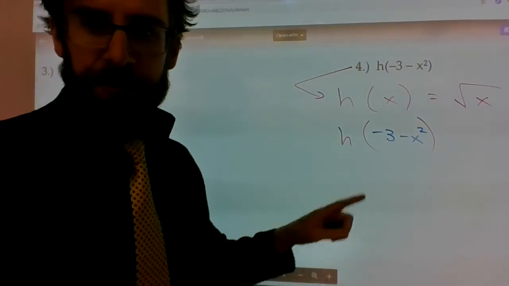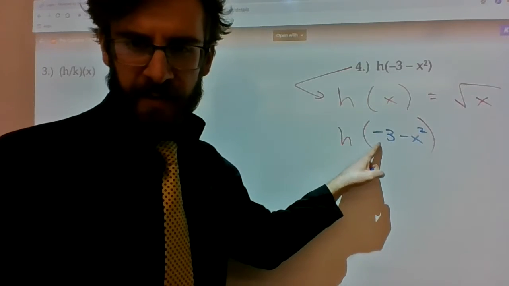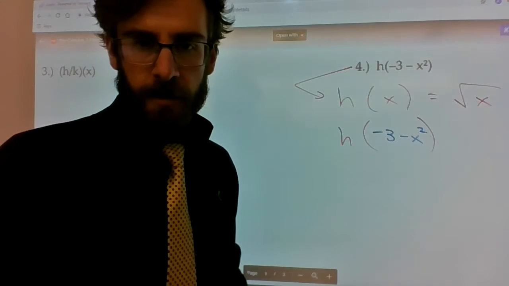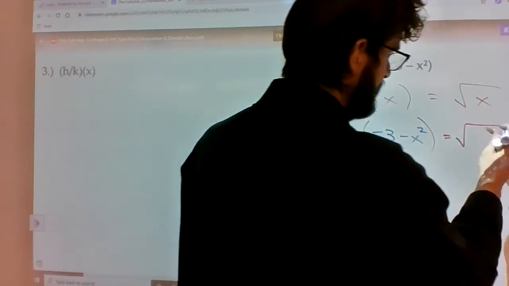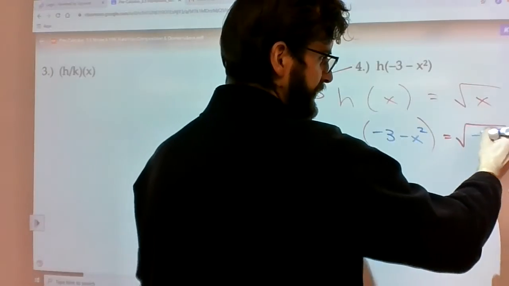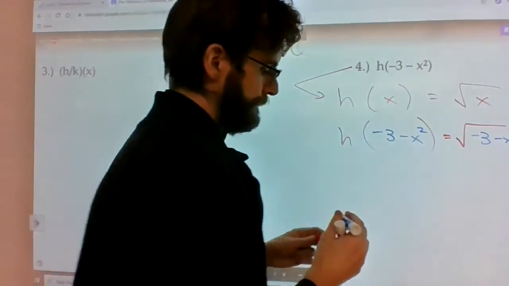So they're saying if you take out the x on the left and replace it with negative 3 minus x squared, on the right do the exact same thing. Take out the x and replace it with negative 3 minus x squared.